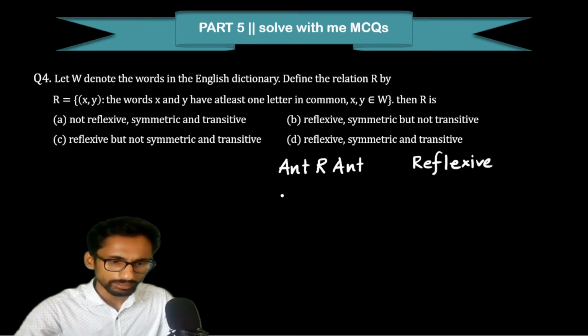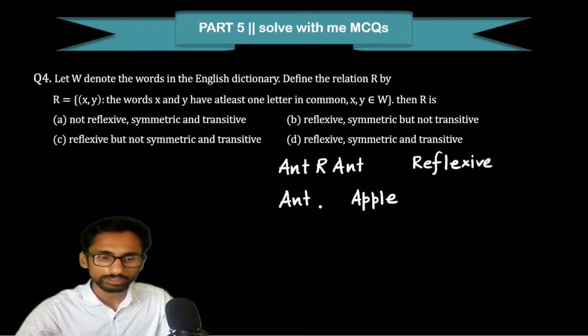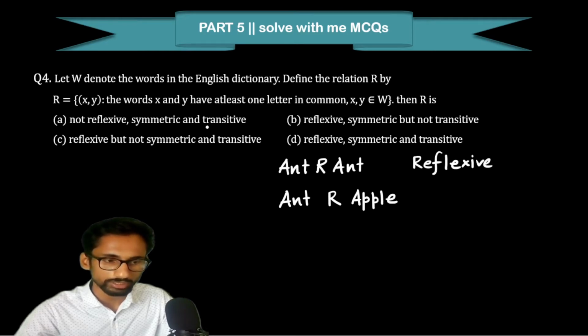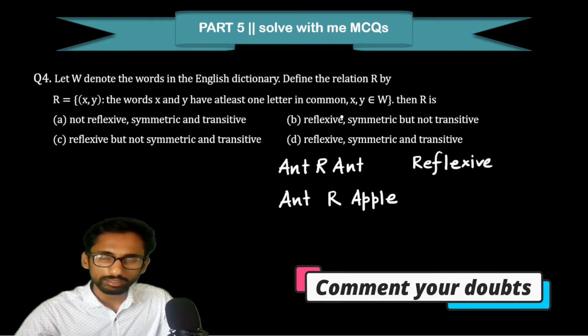In the second case, suppose ant and apple. In these two words, A is common. That means these two words satisfy the relation defined as at least one letter in common.